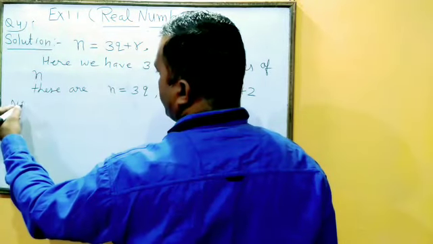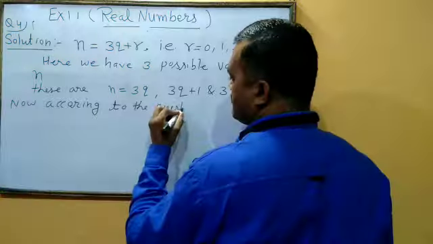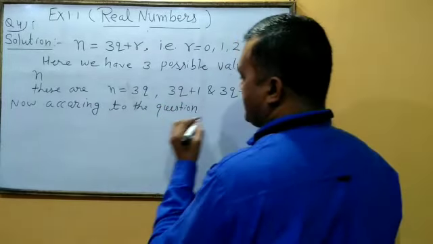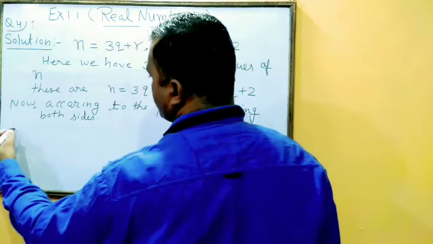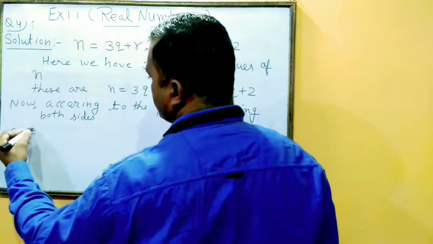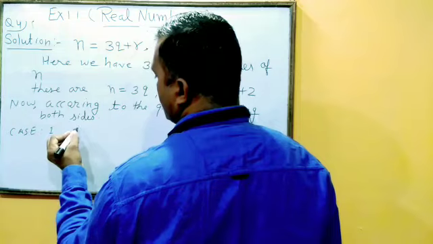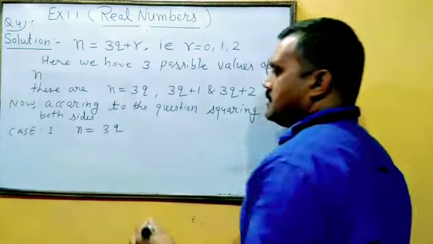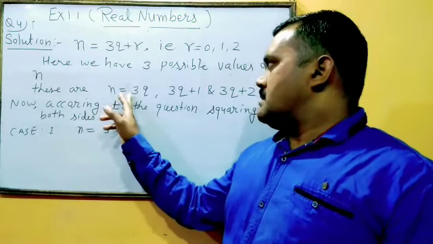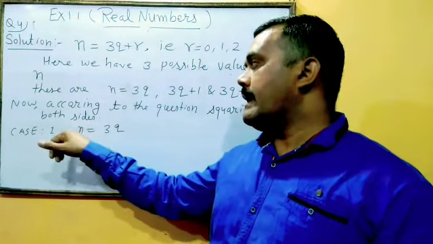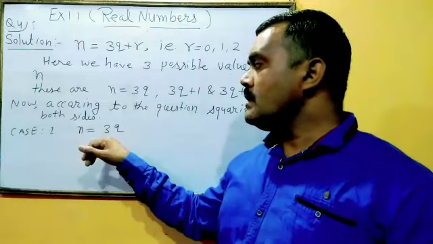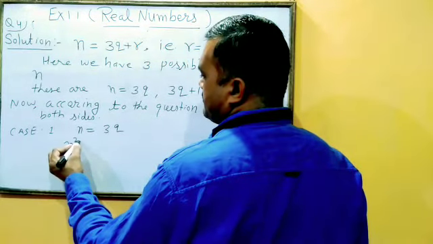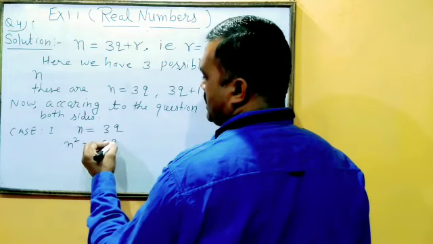Now, according to the question, squaring both sides. Case 1: n is equal to 3q. Because this is the first case, n is equal to 3q, we need to square both sides. n square is equal to 9q square.